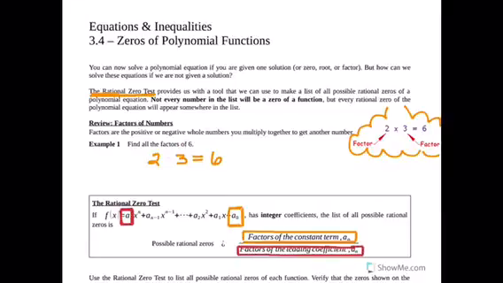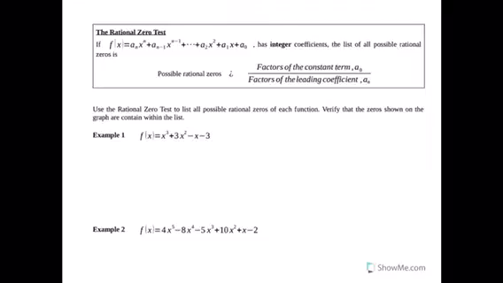Let's take a look at a problem. First problem, use the rational zero test to list all possible rational zeros of each function, then verify the zero shown on the graph is contained within the list. Okay, so let's look at factors of the constant.